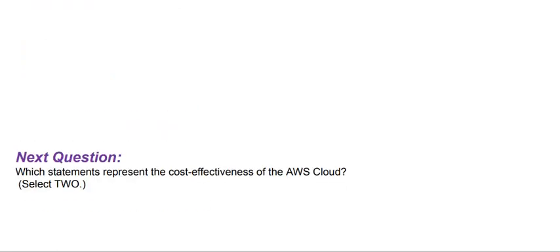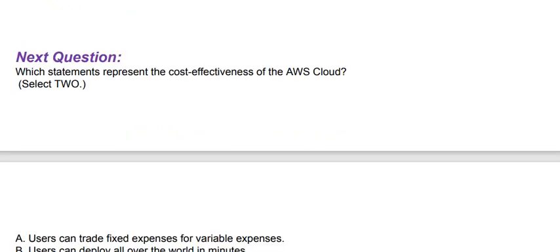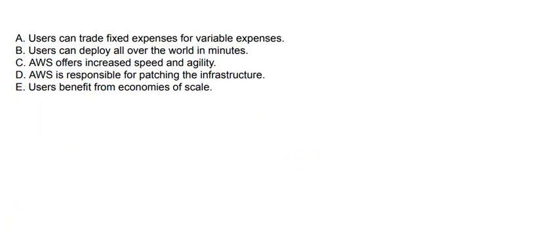Next question is, which statements represent the cost effectiveness of the AWS cloud? Choose two options. Option A, users can trade fixed expenses for variable expenses. Option B, users can deploy all over the world in minutes.